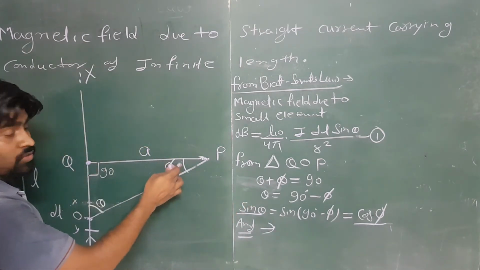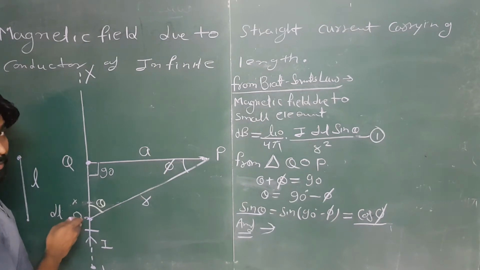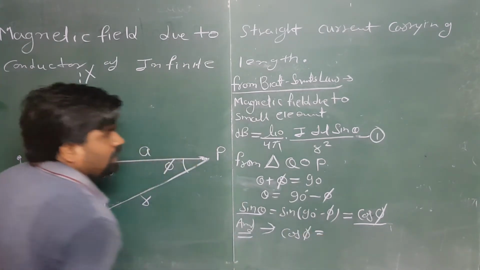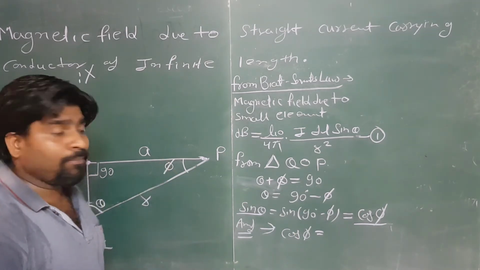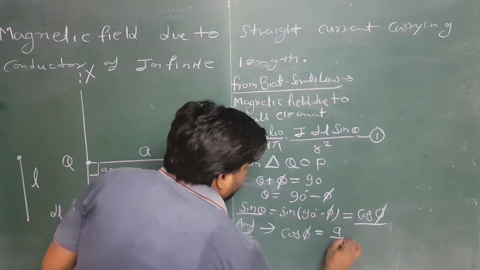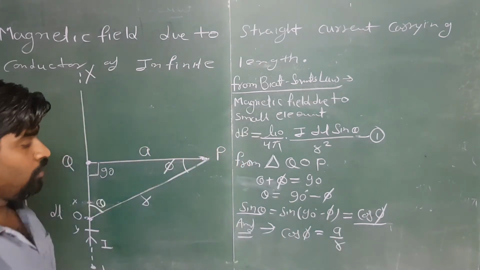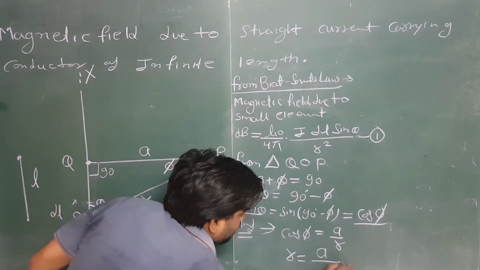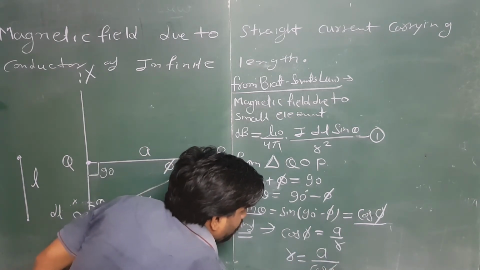See, if this is cos phi, this is phi, so this becomes the perpendicular. Then from this triangle again, cos phi is equal to base upon hypotenuse, so this becomes base and this becomes the hypotenuse. Then cos phi is equal to a by r. So you can take the value of r here and you can write a by cos phi.